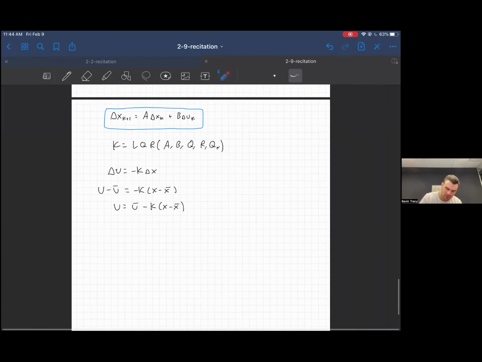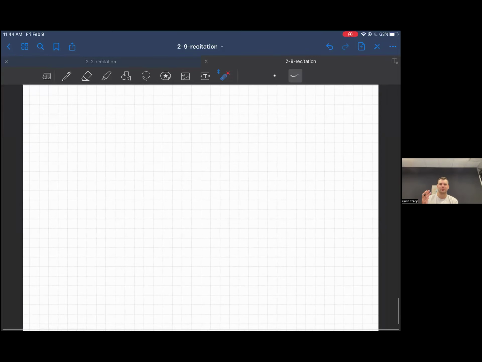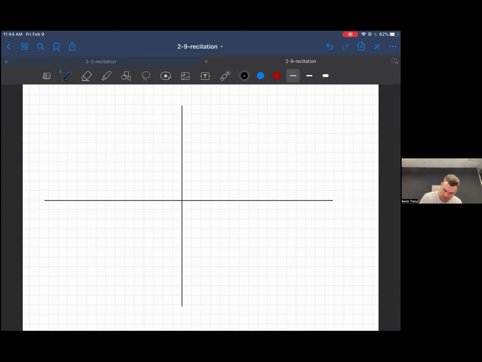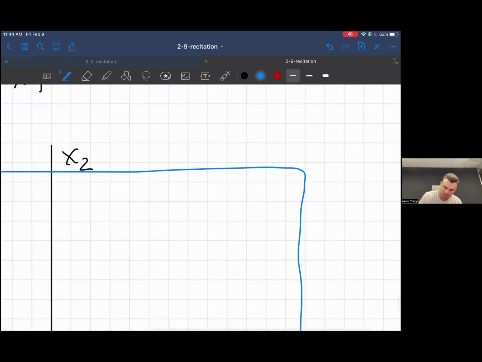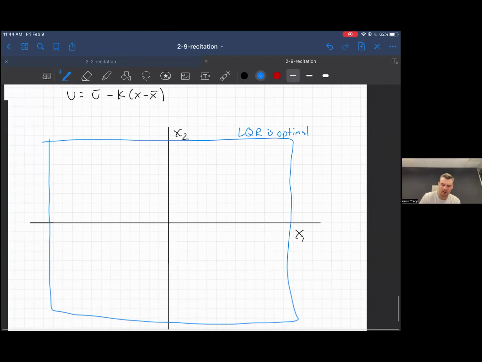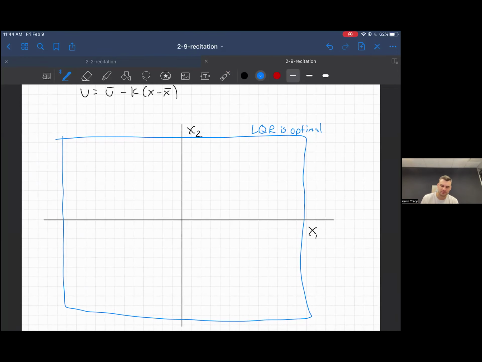And the reason this is so important, and the caveat for nonlinear systems, is that if I think about a big state space, say this is x1, x2, our LQR controller is globally optimal for a linear system. It does not matter where I start, LQR is optimal everywhere.